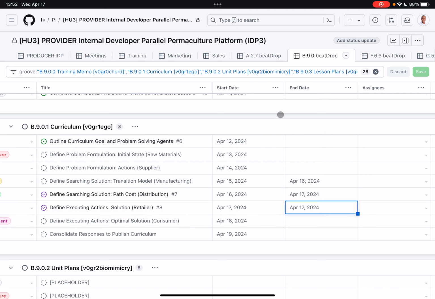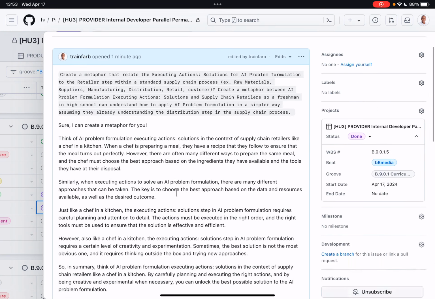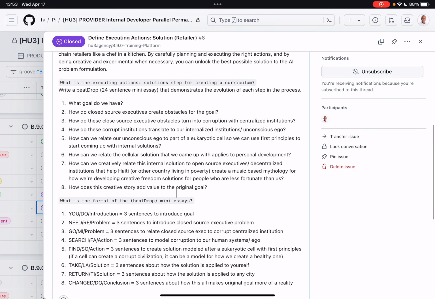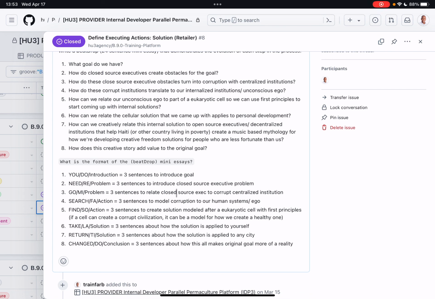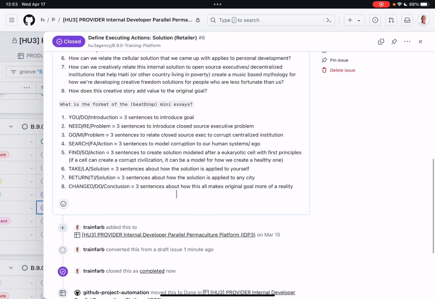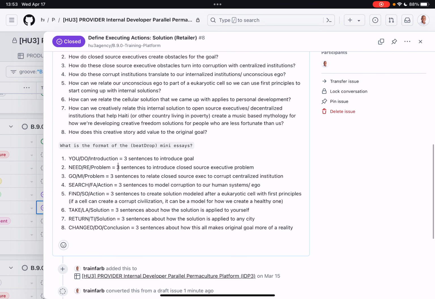And I like this very much because now the curriculum is making sense, especially with this step. Because as someone works through the curriculum, they're going to have to write. They're going to say, okay, how does the goal that you want to work on, how is the current system in the way of that goal?